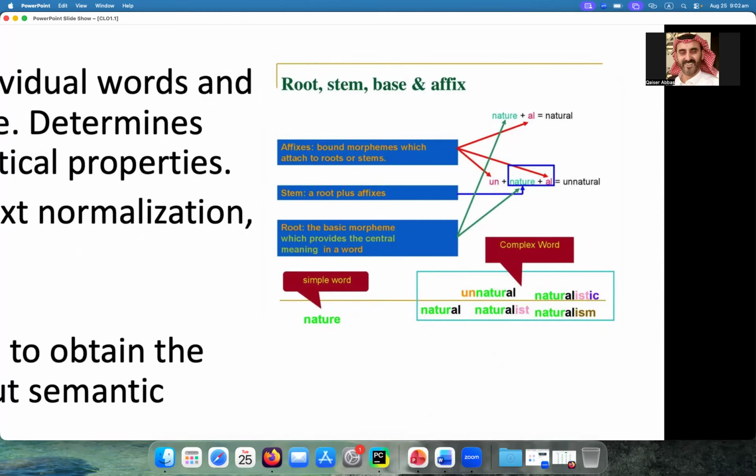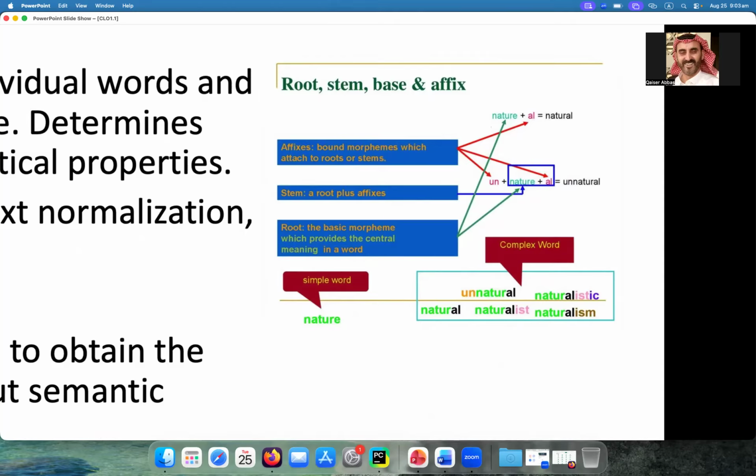For example, natural: nature plus al. This al is a suffix, but I can also call it an affix. Similarly, the word unnatural: this un is a prefix, this al is a suffix, and natural is in the middle.